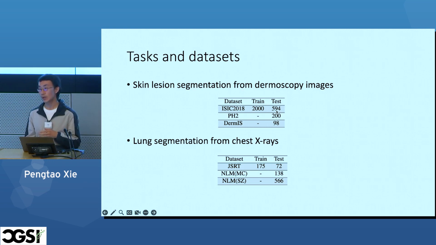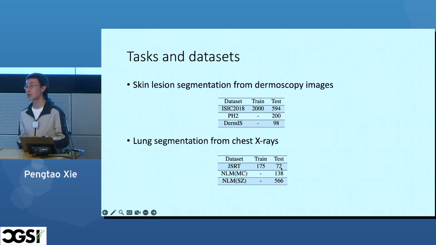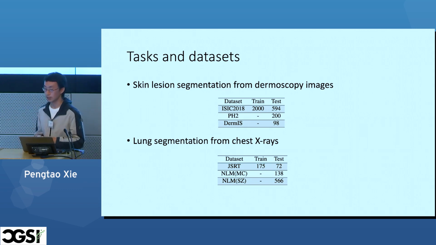When we test, we evaluate not only the in-distribution performance, which means the test and training data are from the same data set, ISIC. We also evaluate the out-of-distribution performance, conducted on PH2 and DERM-IS. The other task is lung segmentation from chest X-rays. We also have 3 data sets and evaluate both in-distribution and out-of-distribution generalization.